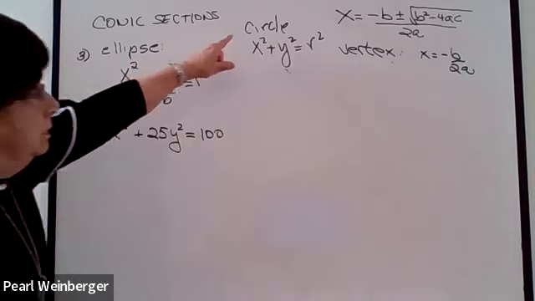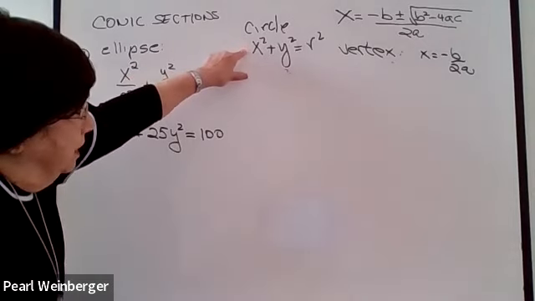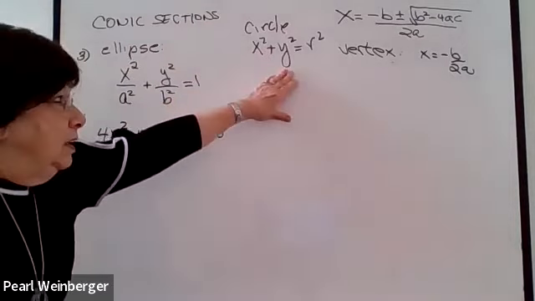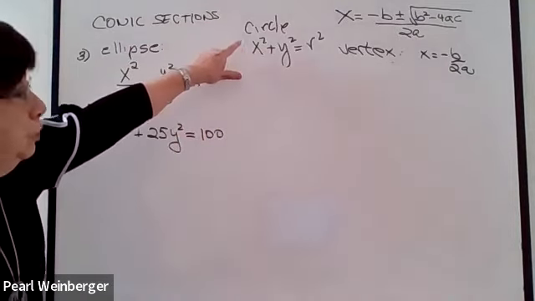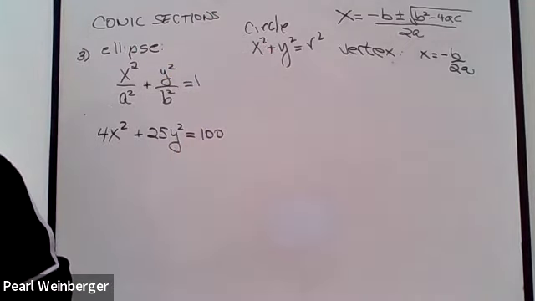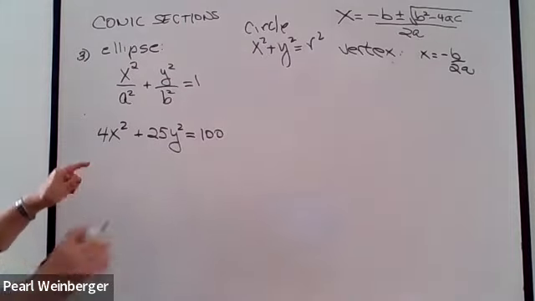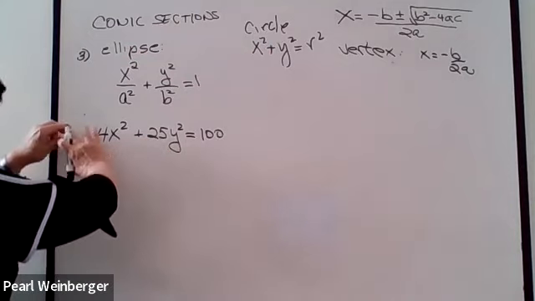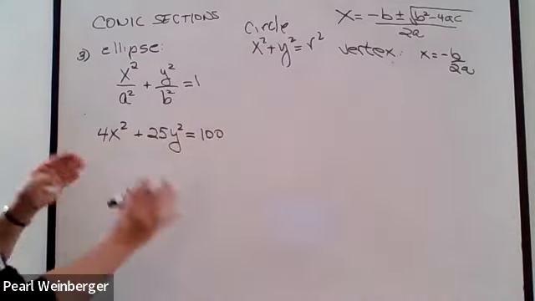We always look at a circle as having a 1 in front of the x squared and 1 in front of the y squared, but it could be 25 x squared, but then it would have to also be a 25y squared, and then we just divide it out. That's why we only look at it as 1. But once you have two different numbers in front of the x squared and the y squared, everything is positive. There's no minuses here.